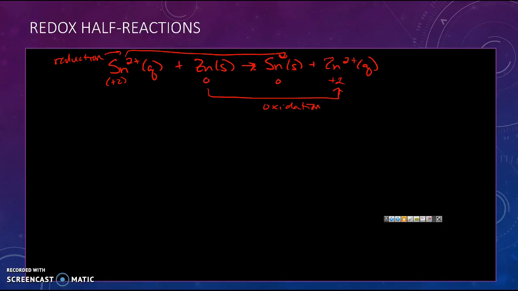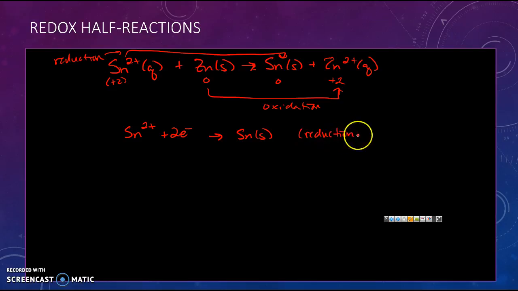In this one, I have Sn2+ and I need to go to Sn solid. In order to have that happen, I need to gain 2 electrons. Electrons are the only things that get exchanged in these reactions, so this is a reduction half reaction.